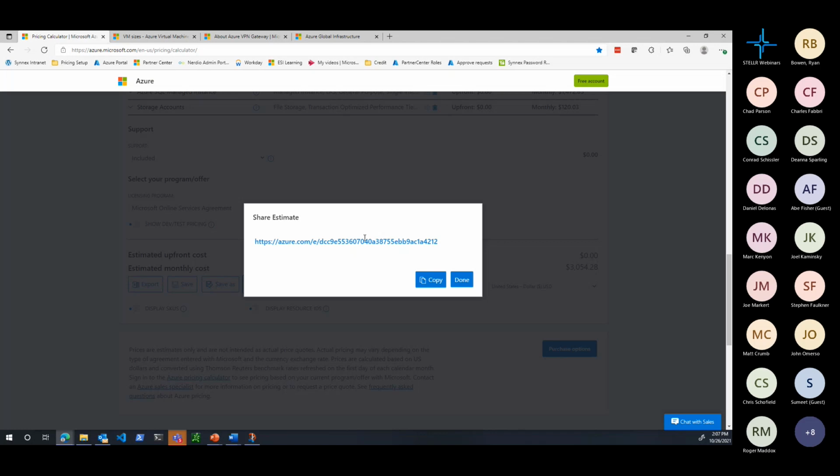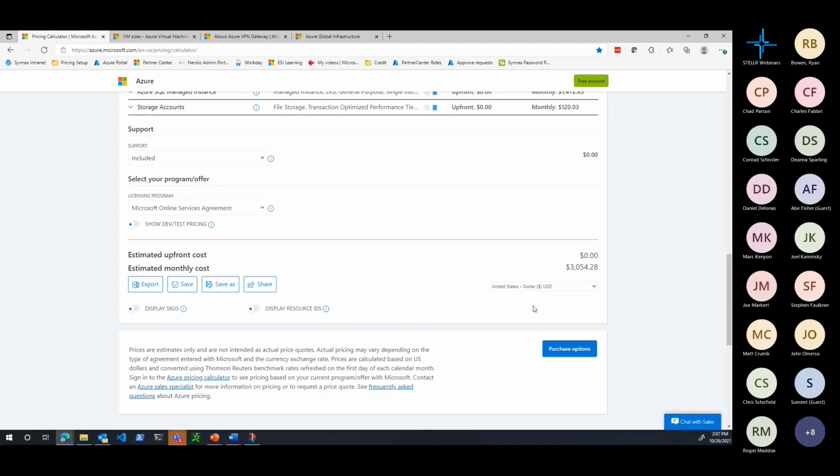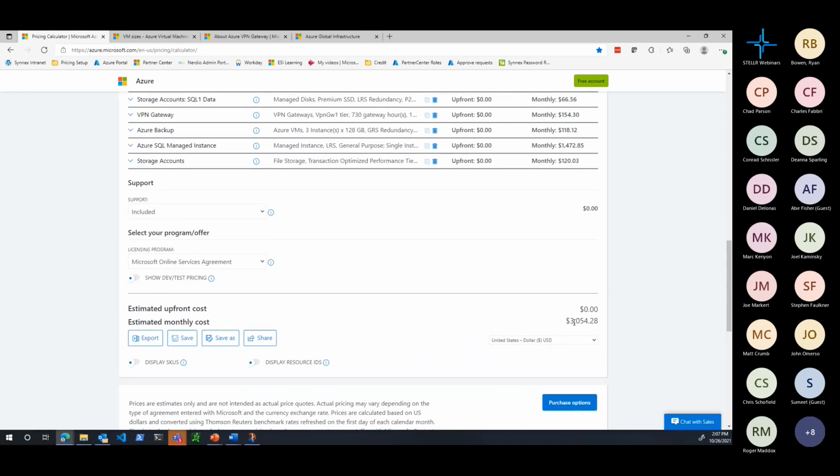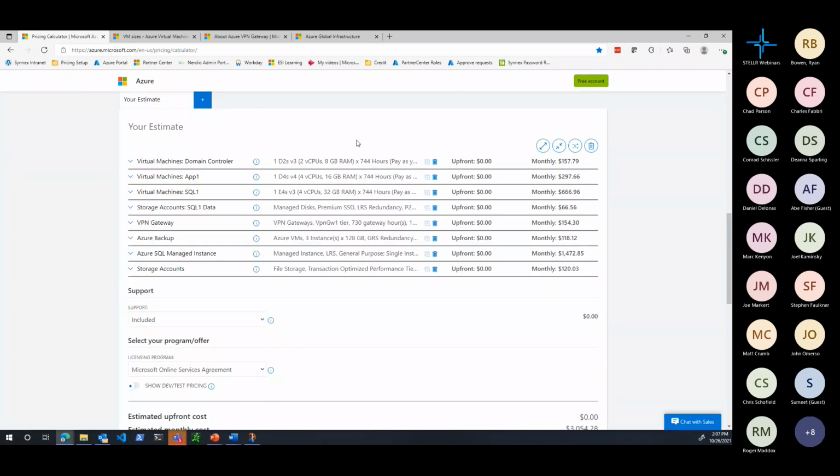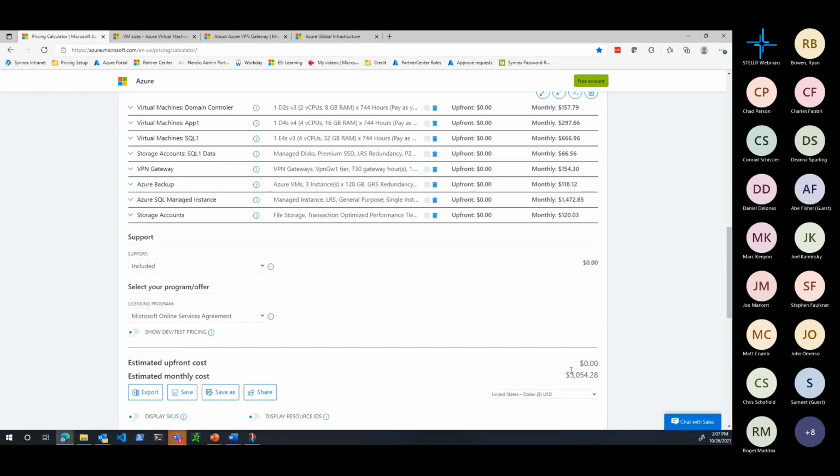And this can also be sent to your end customer as well, as everything done in the pricing calculator is MSRP. So these prices are not partner discounts and not what your margins are with Synex. These are MSRP prices. That does not mean that you have to price this or send the bill if it comes in.